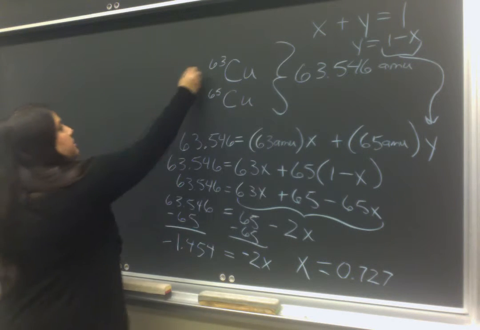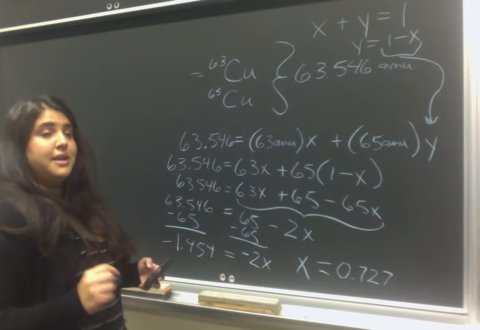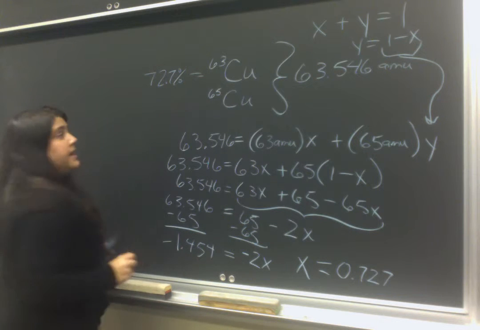So, 63 isotope in decimal form was 0.727, so my percentage would be 72.7%.